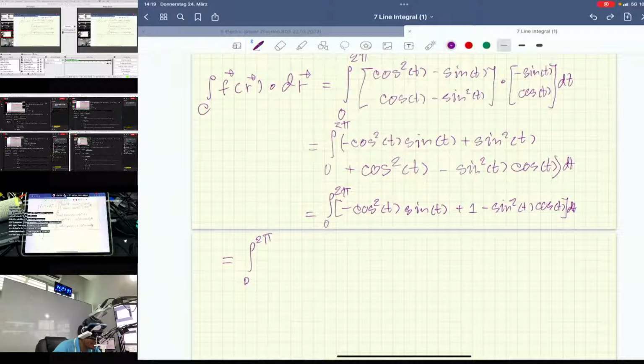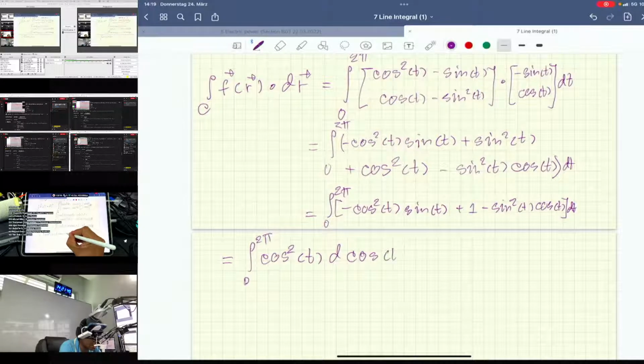And of course, it's cosine squared t, and here it's cosine t. Because d cosine t is negative sin t, so we don't have to worry about a negative symbol here.